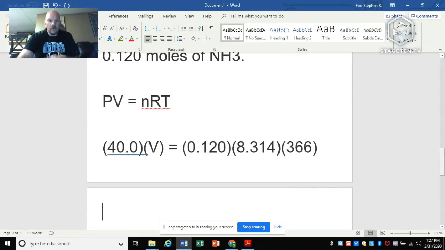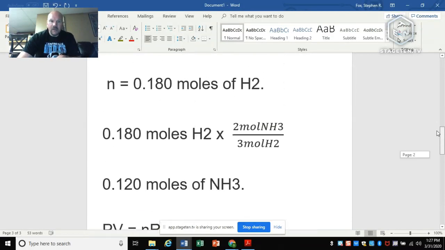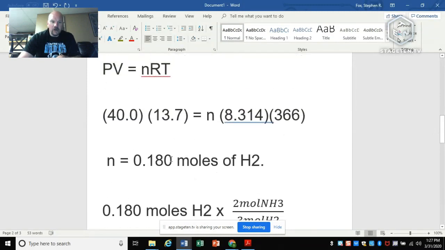So now, notice what we're doing. To solve for moles here, we multiplied by 40 and 13.7 together. We multiplied by 40, we divided by 8.314, and we divided by 30, and we divided by 366.